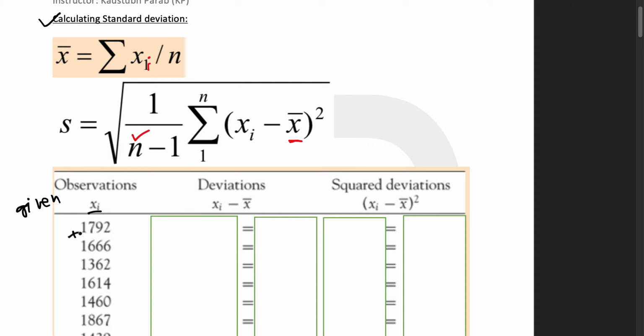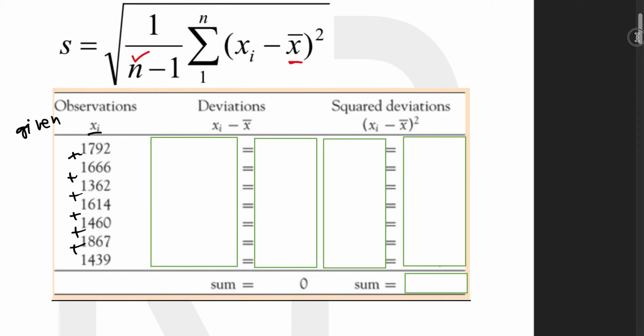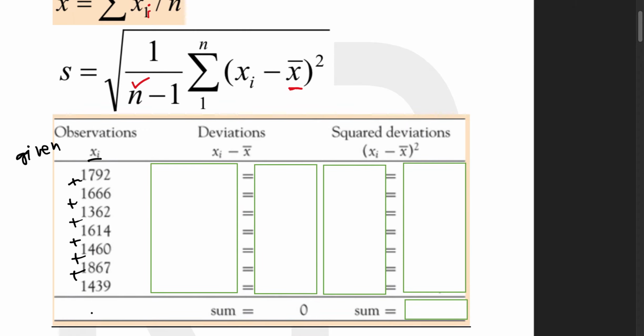So 1792 plus 1666 plus 1362 plus 16414 plus 1460 plus 1867 plus the final data point, which is 1439. And once you get that sum, just divide that by n.